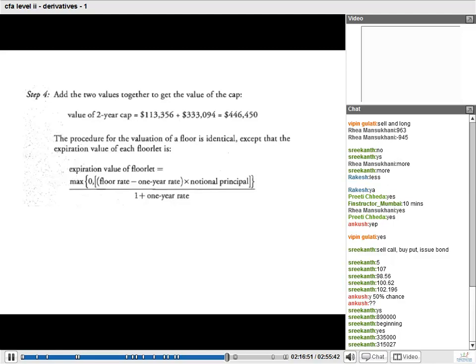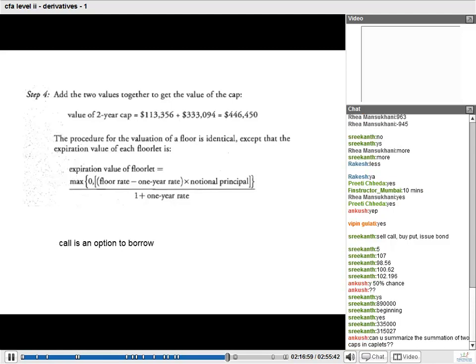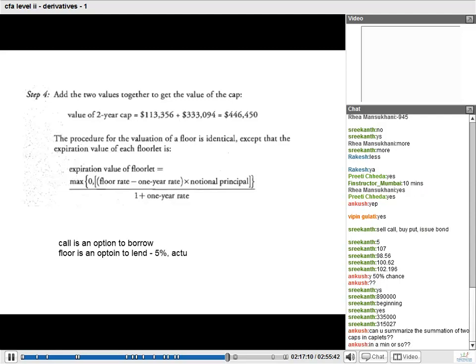A call option is an option to borrow. Floor is an option to lend. So if I have an option to lend at 5% and actual rates are 6%, will I exercise?